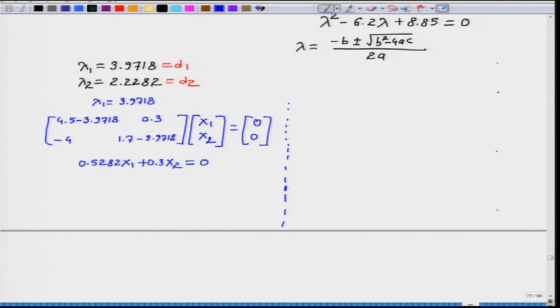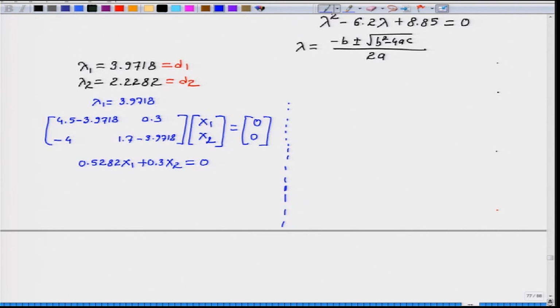So, we have two unknowns, but only one equation. We can fix one value and get the other one. This indicates why we take the matrix P with diagonal elements being 1. It is easier to do the calculations. So, this is the first eigenvector.